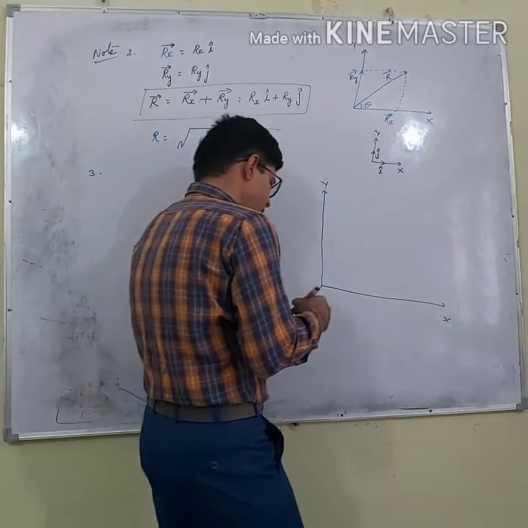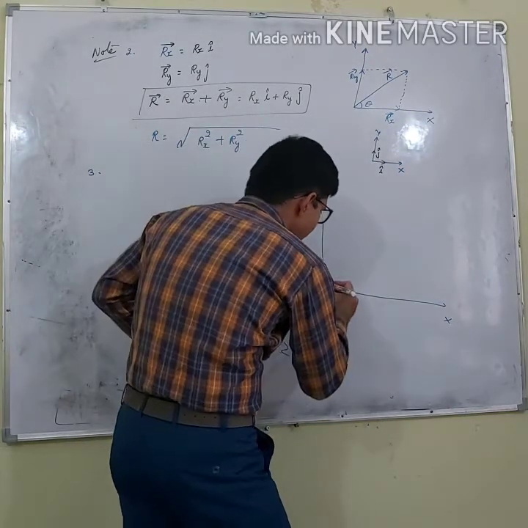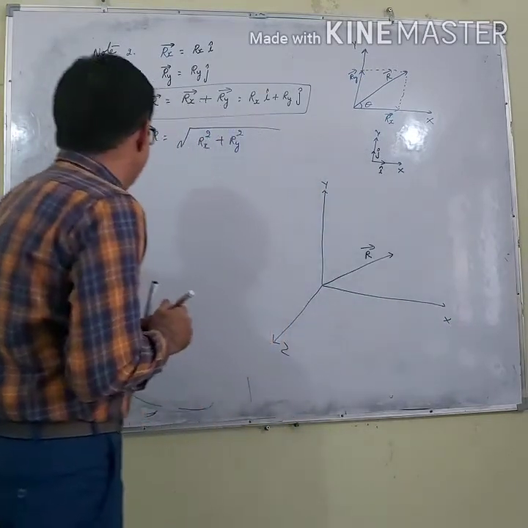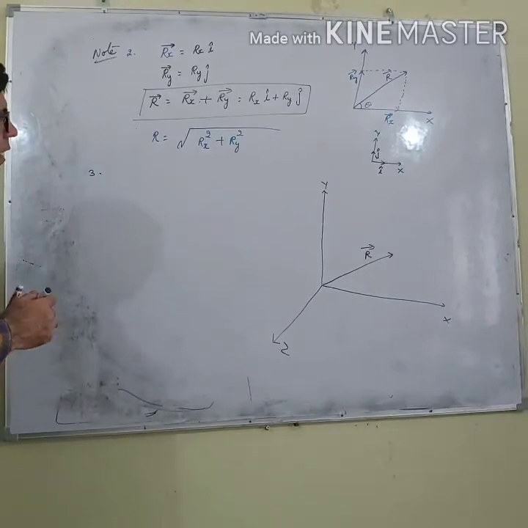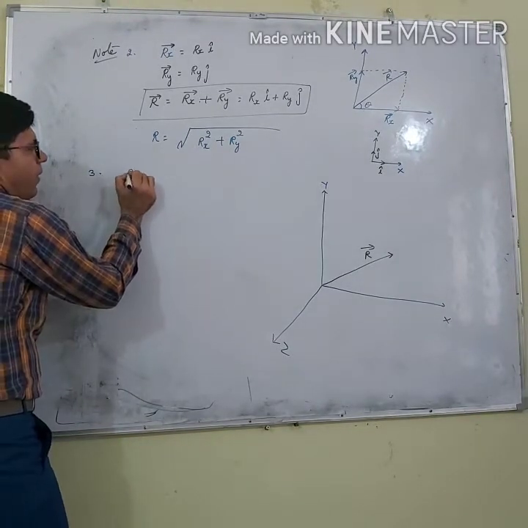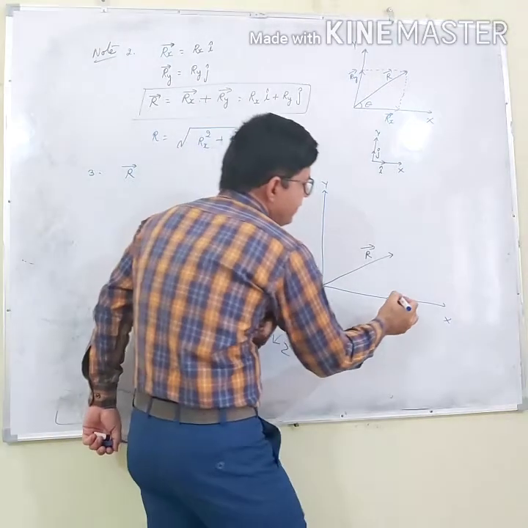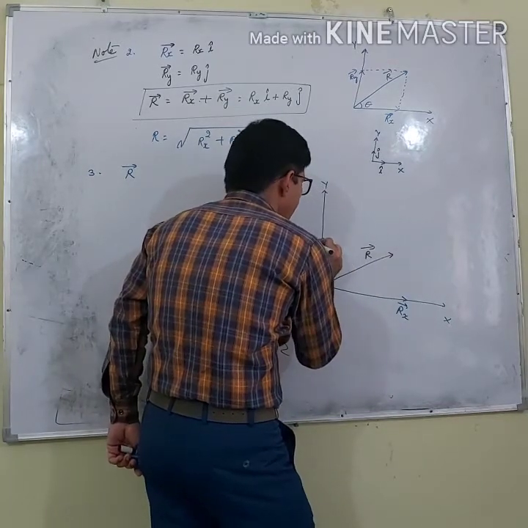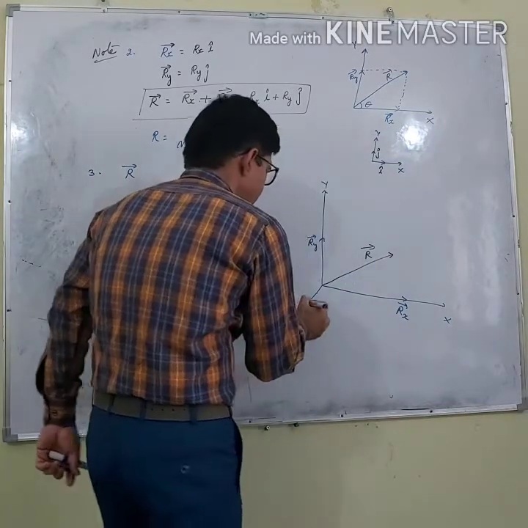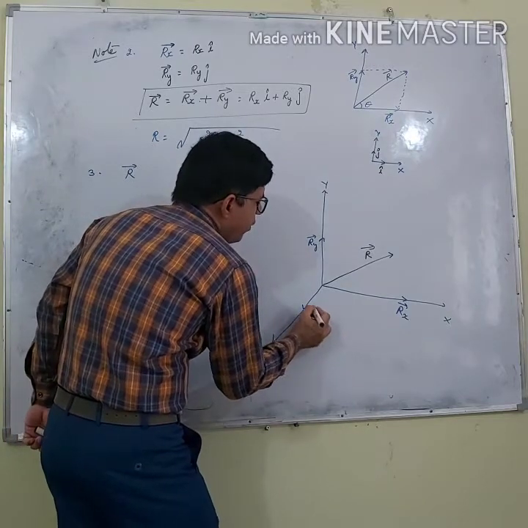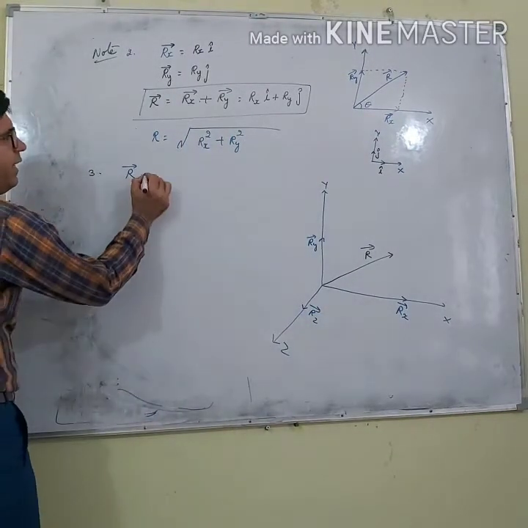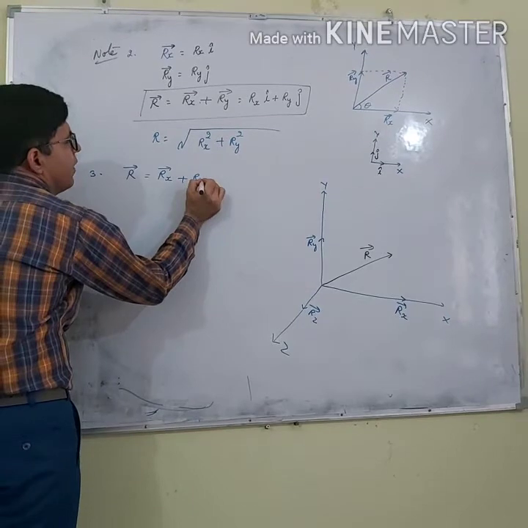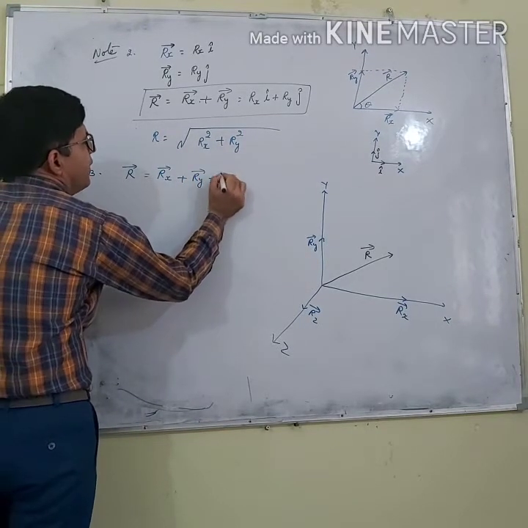Now here, if I say that I am having a vector R, let us say this is the vector R. Then if Rx is the component along x-axis, Ry is the component along y-axis, and Rz is the component along z-axis, then I can represent R as Rx plus Ry plus Rz.